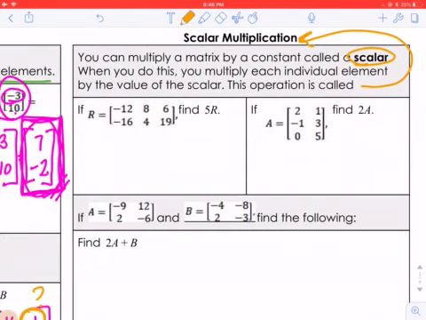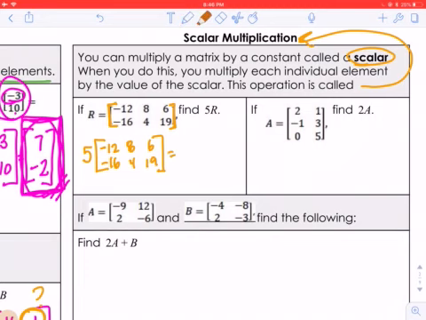So if we have R, and we know that R is this matrix here, and it asks us to find 5 of the R's. So essentially what we're saying is we want to have 5 of these things, 5 of each of the things that is in here.